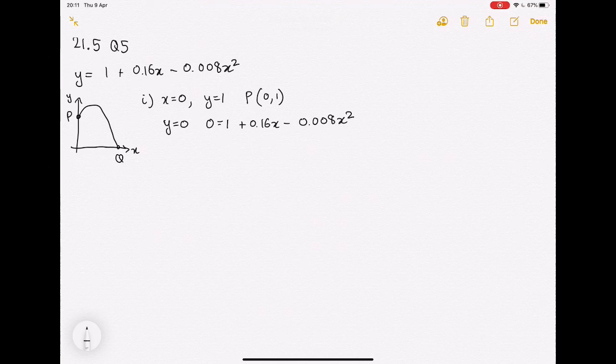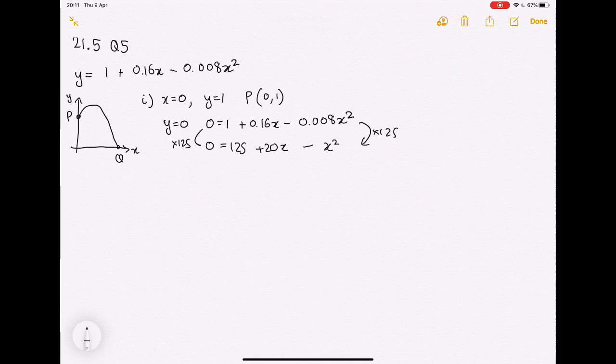Actually, if you multiply both sides by 125, this becomes 125 plus 20x minus x squared.